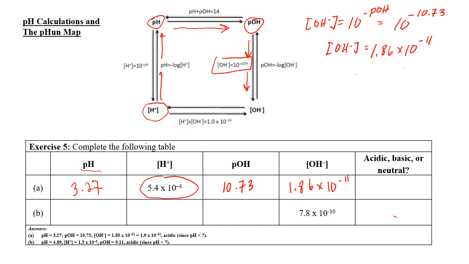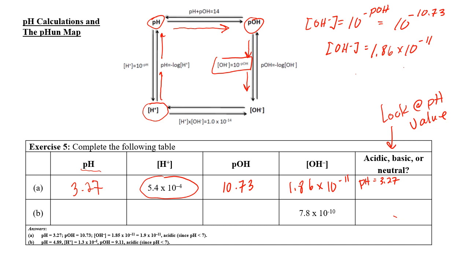All right, we're almost done. This first row, we just have to answer the question, is this solution acidic, basic, or neutral? To answer this, I want you to look at your pH value and you're going to use what you know about the pH scale. So our pH value is 3.27.